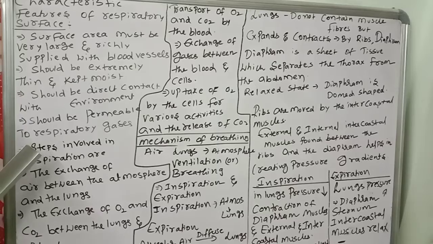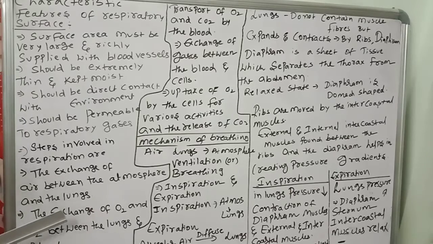What are the steps involved in respiration? First, the exchange of air between the atmosphere and the lungs. Next, the exchange of O2 and carbon dioxide between the lungs and the blood.